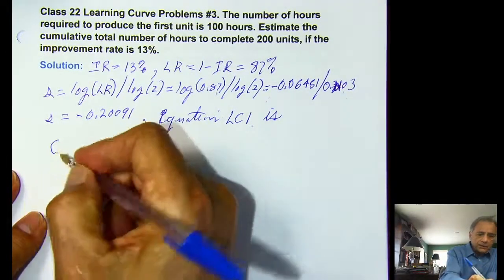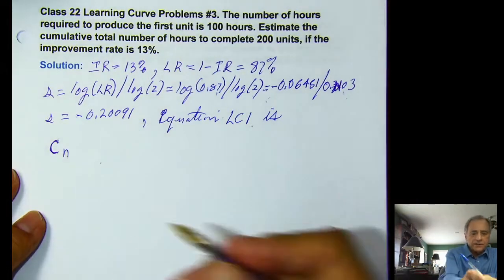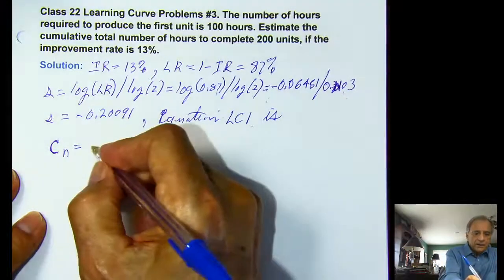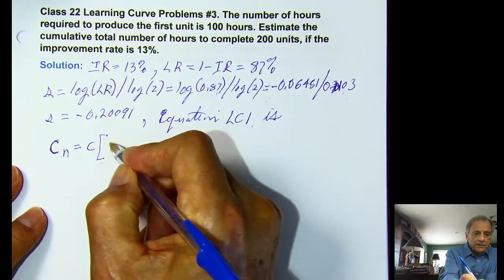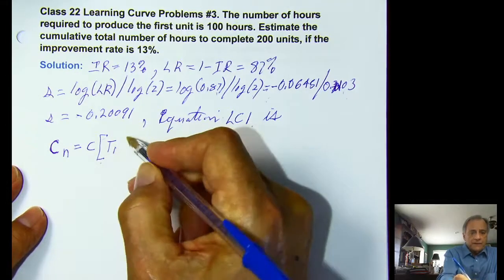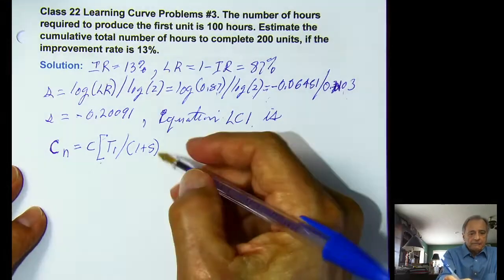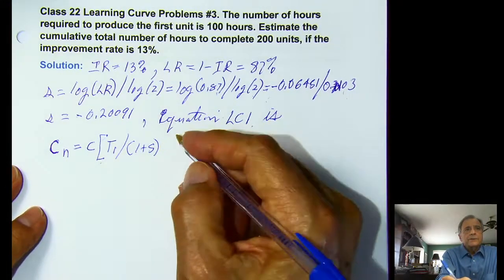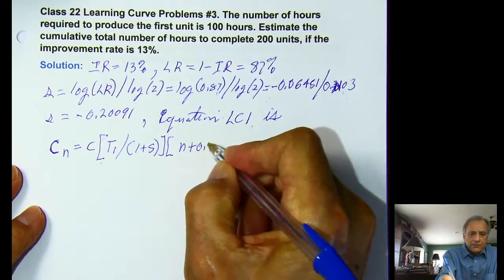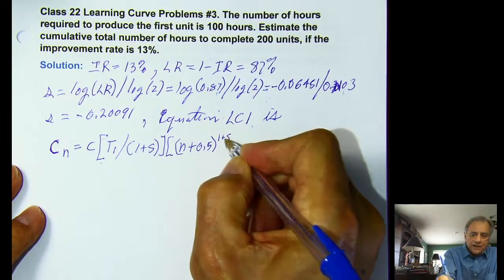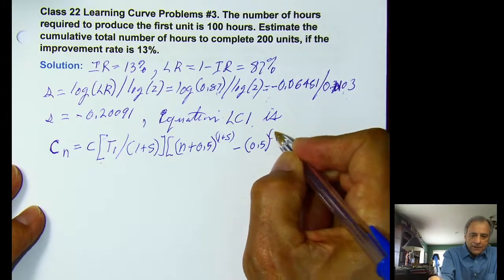The cumulative cost for 200 units, or well, let's give it in general, N units, is C, which is the cost per unit, and I'll talk about that in a minute, times T1 divided by 1 plus S. Remember, there's our S. And then that is multiplied by N plus 0.5 to the 1 plus S power minus 0.5 to the 1 plus S power.